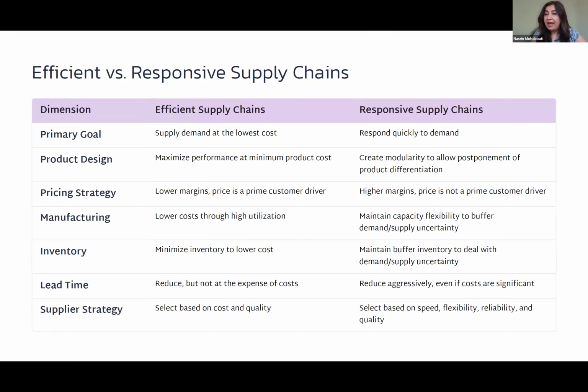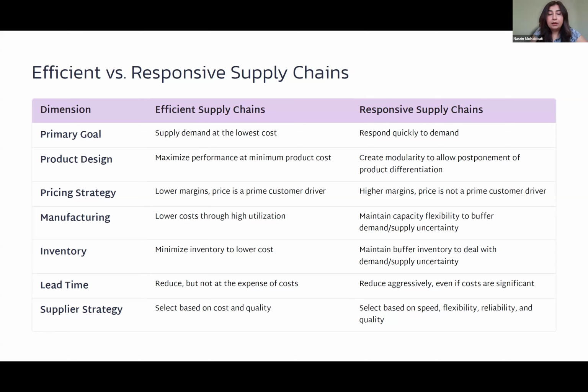So they do not carry every single color in the store. They do carry the bases and then they mix them to give you the color you want. They offer variety so that they're responsive in terms of variety offerings and availability offerings, but they postpone the product differentiation to the store so that they can offer this kind of variety.